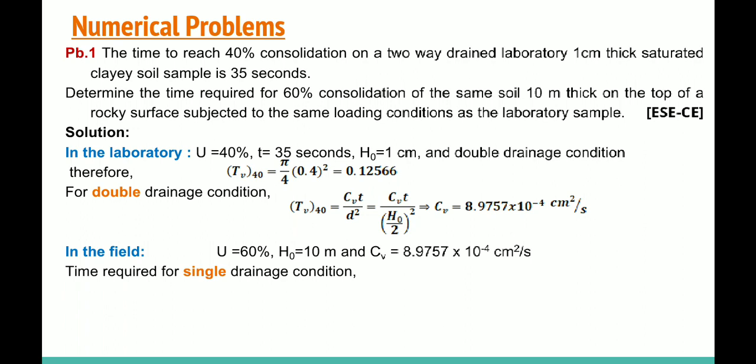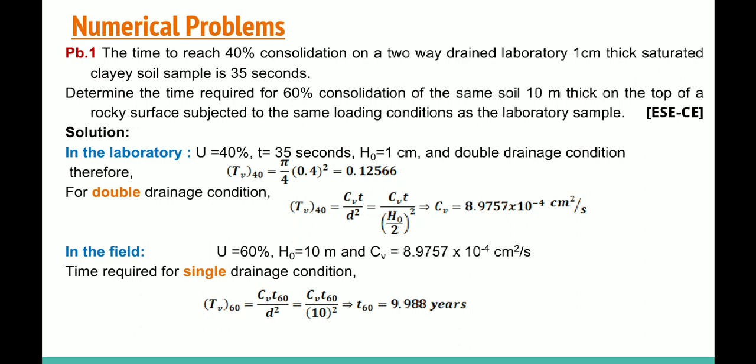Top of the rocky surface means that water cannot flow from the top, water only flows from the bottom. Means consolidation or drainage will occur in one direction, from the bottom of the clay layer or soil deposit. So it is an example of single drainage system. Are you clear? Okay.